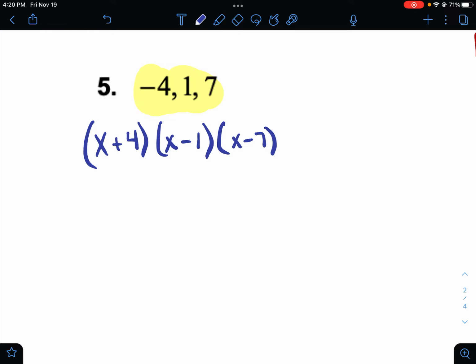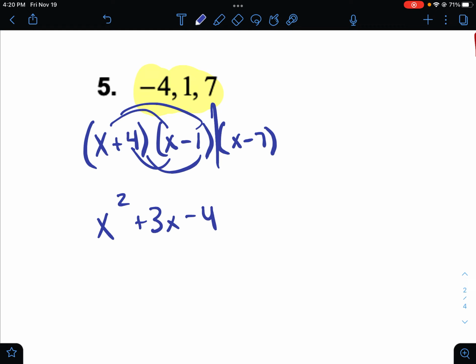And you probably can guess what you need to do now. In order to get this into a polynomial, yes, you're going to have to multiply all of these. Okay. And remember, you can only do 2 at a time, so you kind of separate the x minus 7 and do the first 2. When you multiply that all out, you end up with x squared plus 3x minus 4.